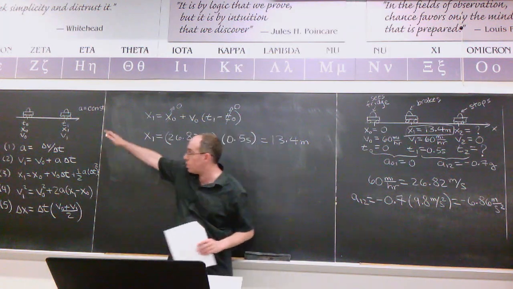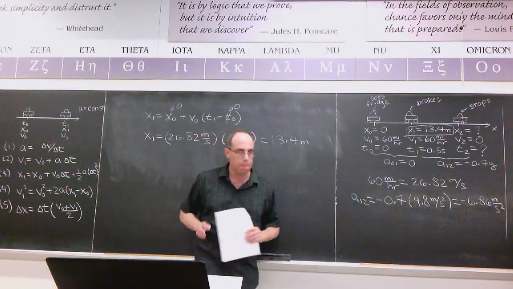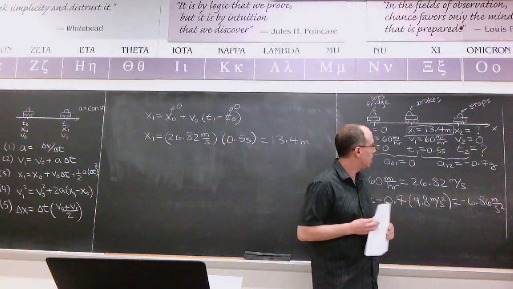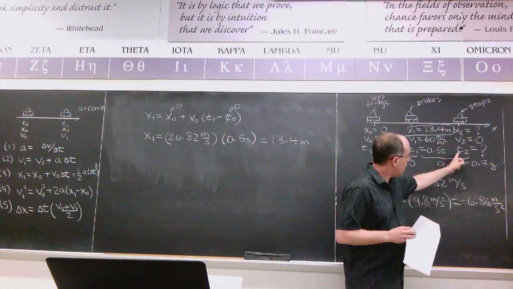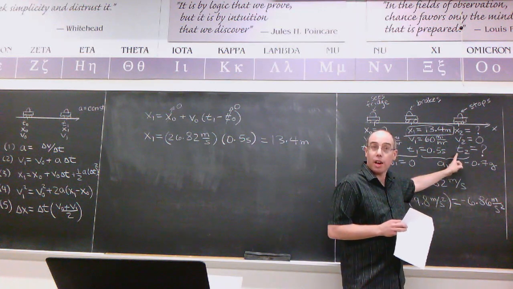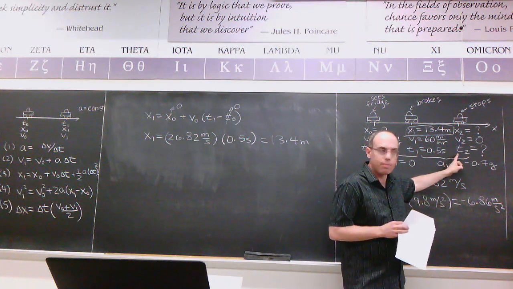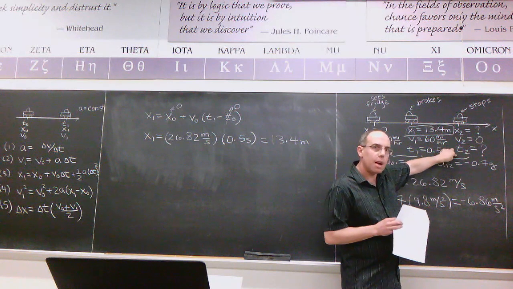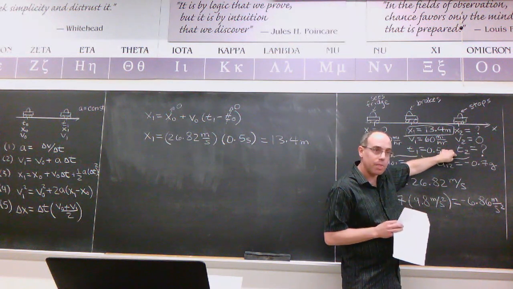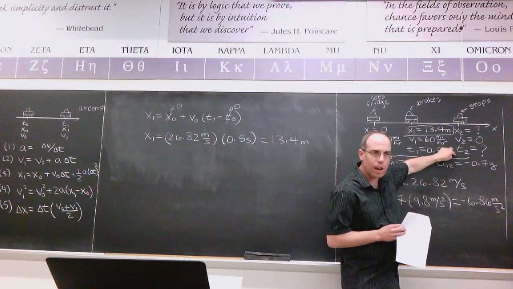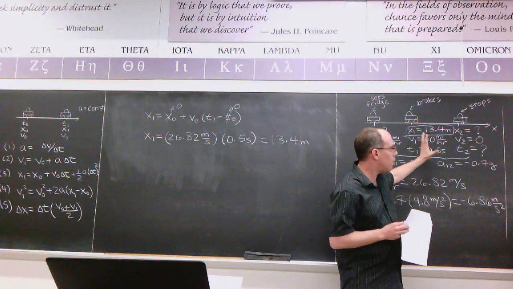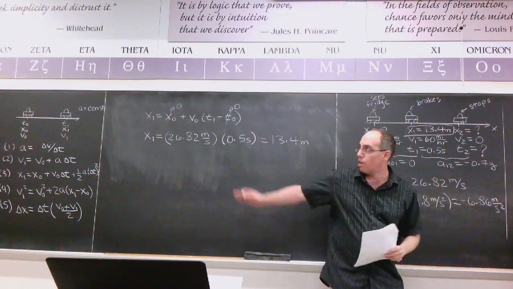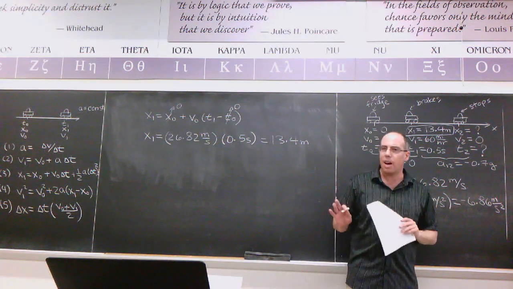Now which one of these do we want to use? Let's think. The key here is we don't know what the final time is, and we're not being asked for the final time, so maybe we want an equation from that list that doesn't have any time in it.